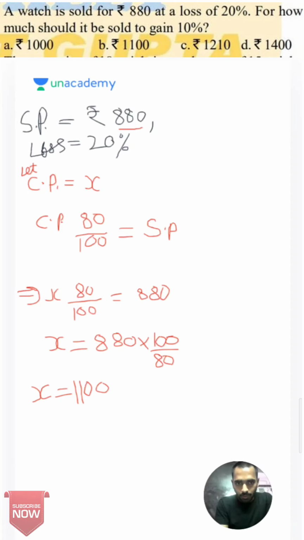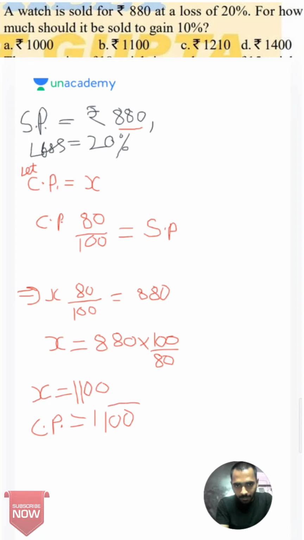So it is our CP, because we let the cost price be X, so it's also our CP, that is 1100.